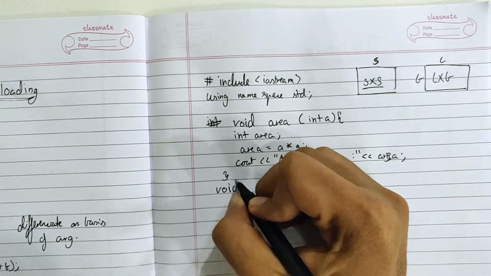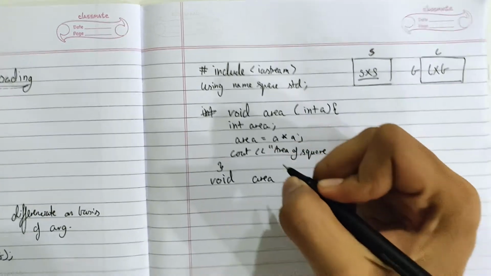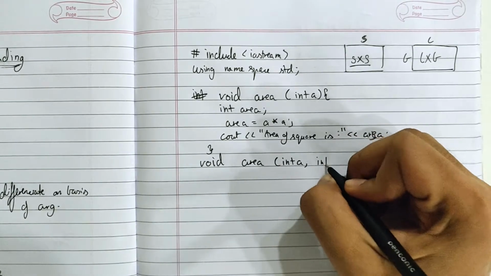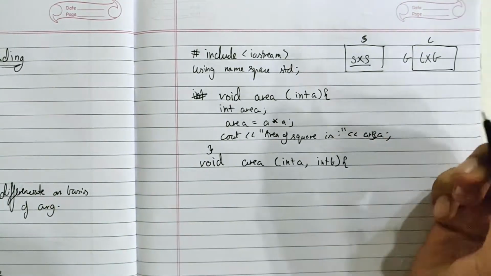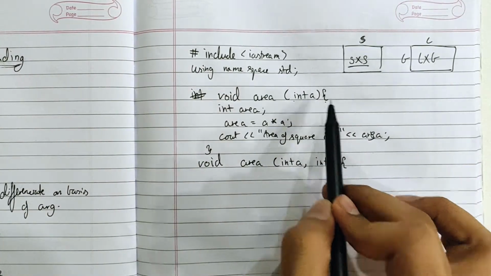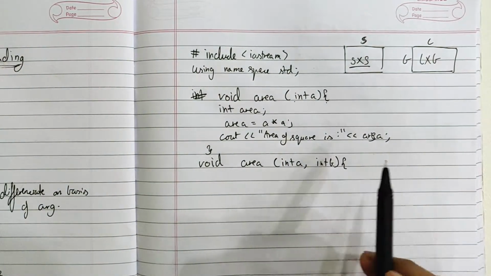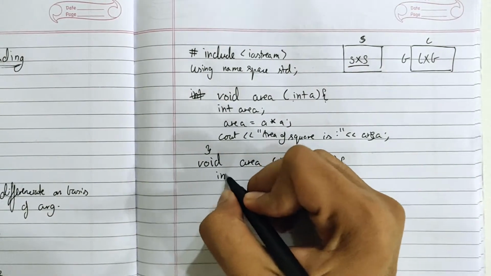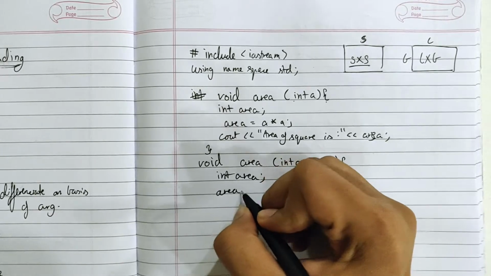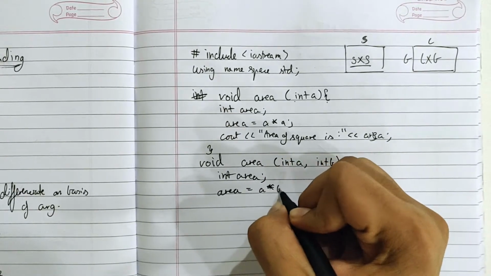Now we use another function of the same name, area, and the parameters are a bit different, int a and int b. We have two parameters now, so the compiler will differentiate on the basis that there is only one parameter in this and there are two parameters in this. The code for this goes like int area equals a into b.